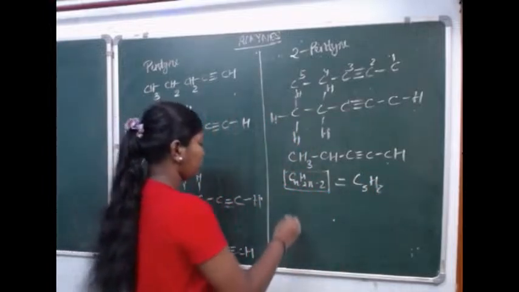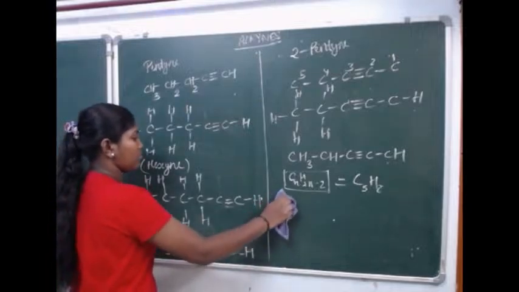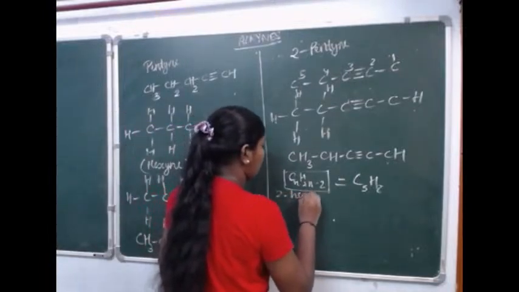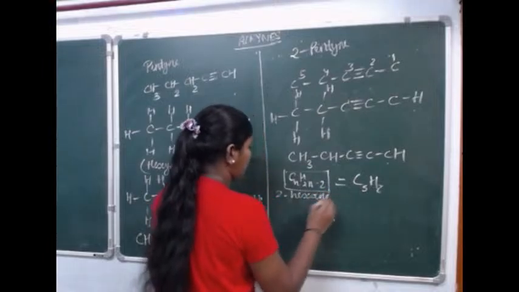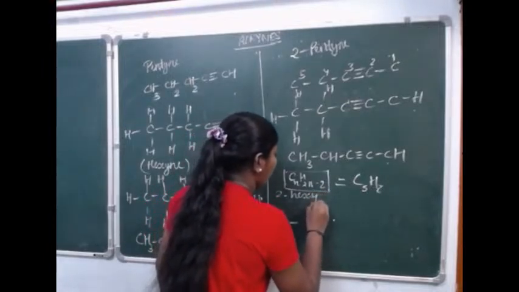Can you write down 2-hexyne? Erase on the left side. Or you can write down here itself. 2-hexyne. Hexane no, hexyne, Y-N-E, hexyne. We are looking at alkynes.